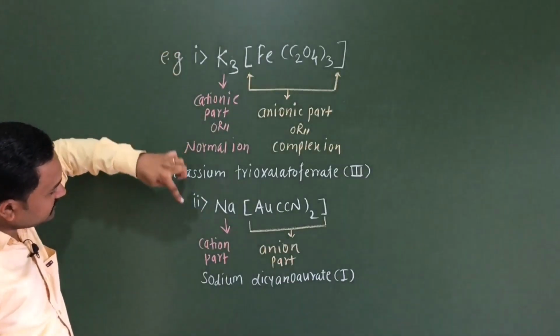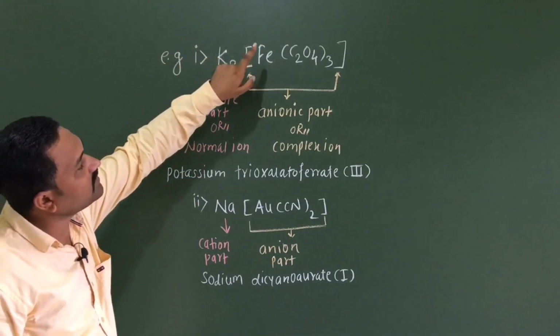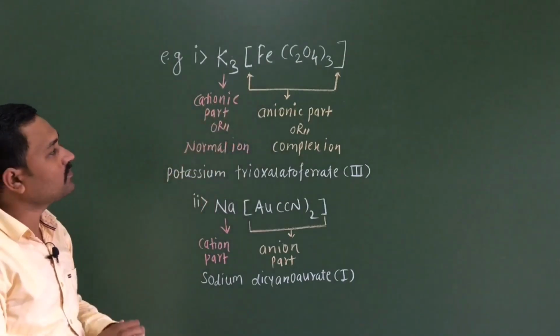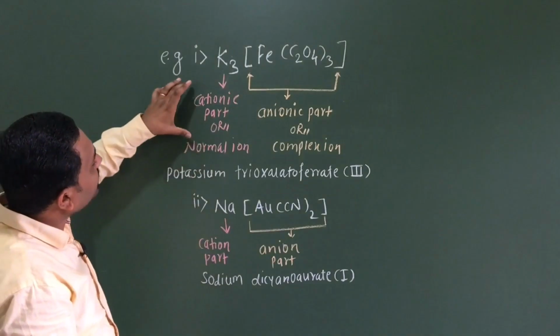So here I have taken two different examples. The first example is K3[Fe(C2O4)3]. This is the coordination compound. Now this coordination compound is made up of two different parts.